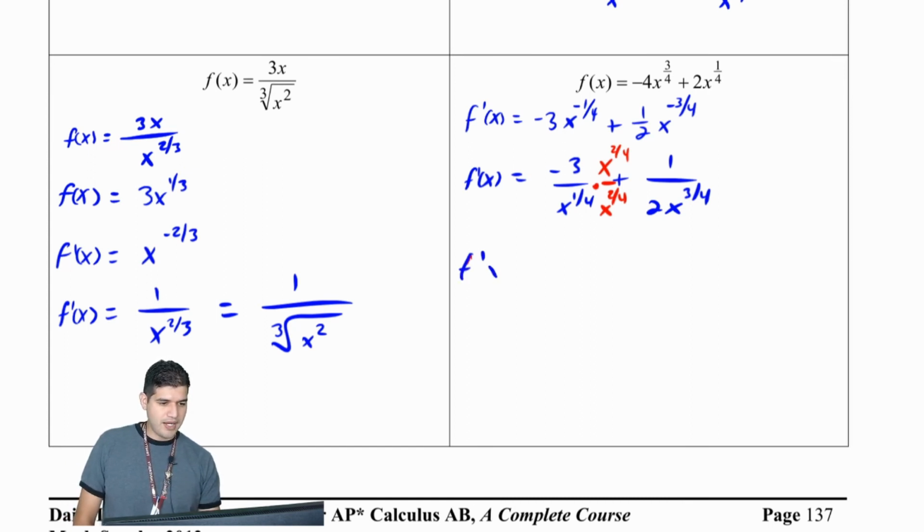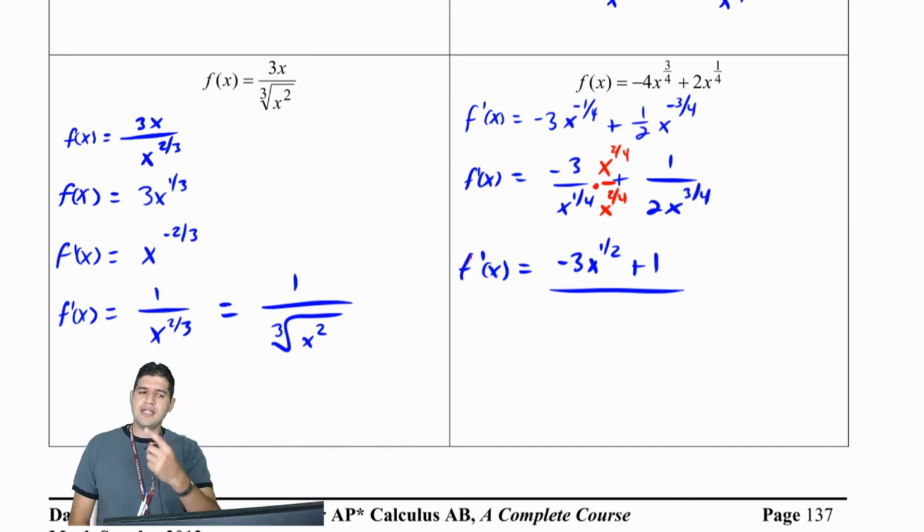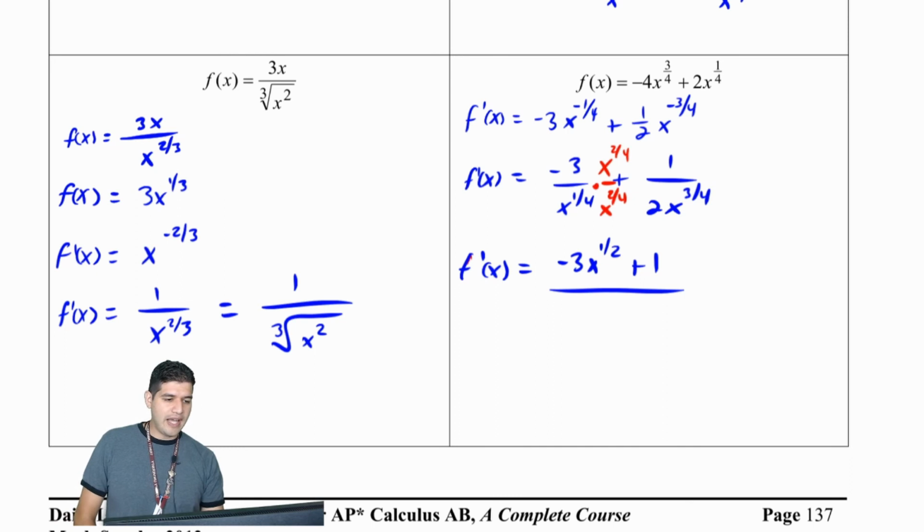So f prime of x equals negative 3x to the 1/2 plus 1 all over, well, oh, I forgot to multiply something. So that only takes care of the x part, but I have this 2 over here that I need to multiply by as well.